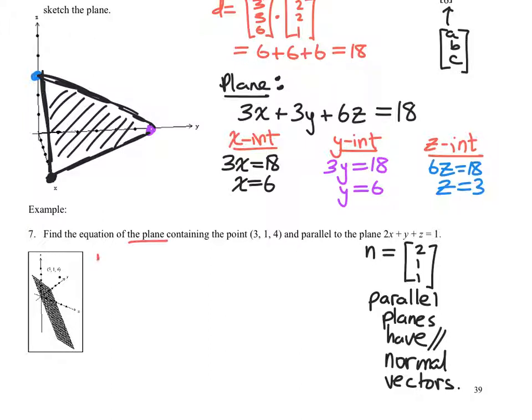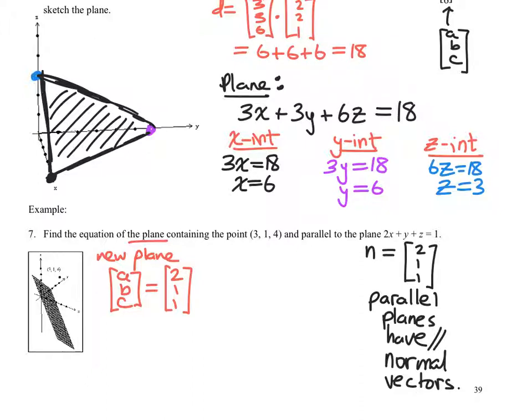The new plane is going to have a normal vector ABC also equal to 2, 1, 1. Now, if it were to say that this new plane had to be orthogonal to the original plane, then I would need to come up with a normal vector that when dotted with the original vector would give a result of 0. That's a little bit more complicated.